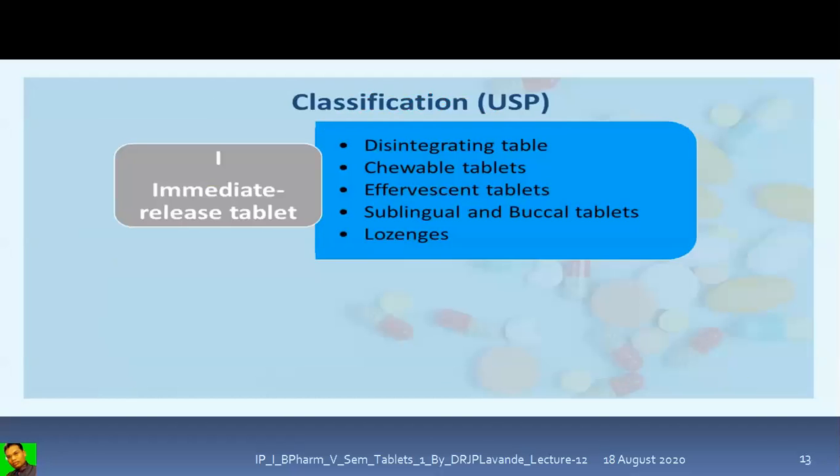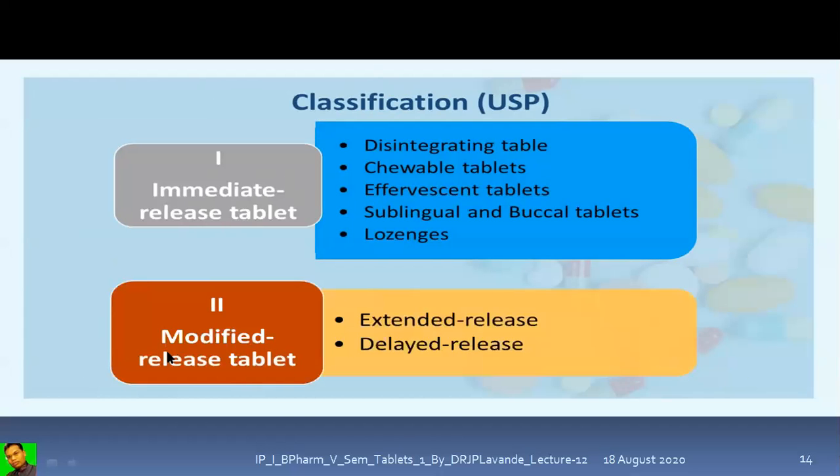Now, if you see the classification of tablets, the USP has classified the tablet into two major classes. The first one is the immediate release tablet, and the second is the modified release tablet. So this is class 1, this is class 2. As far as modified release tablets are concerned, the examples are extended release tablets and delayed release tablets.